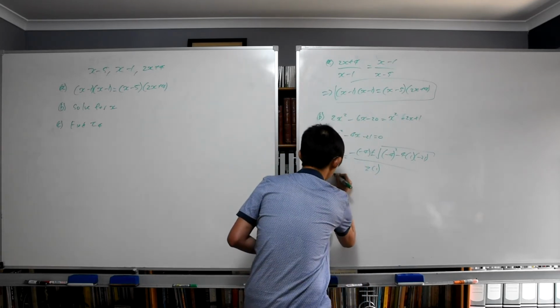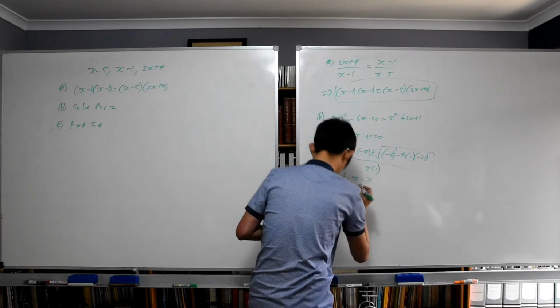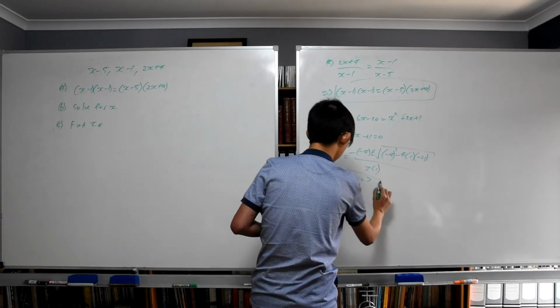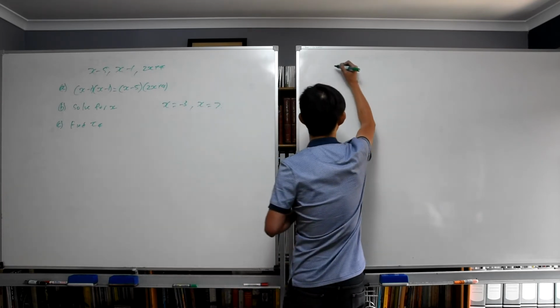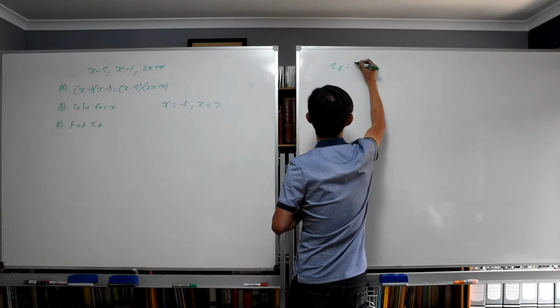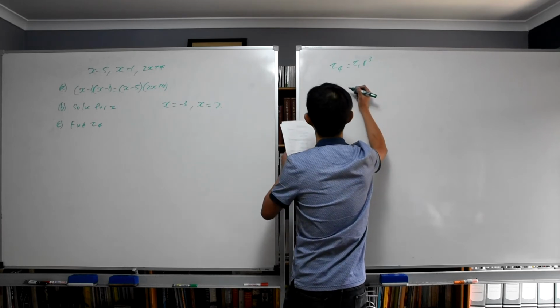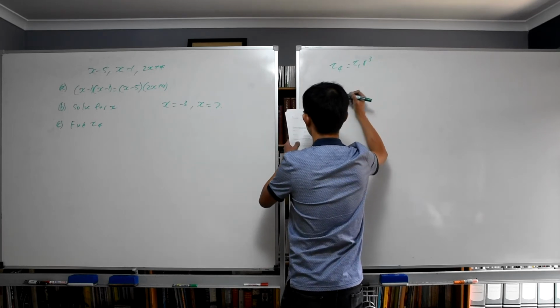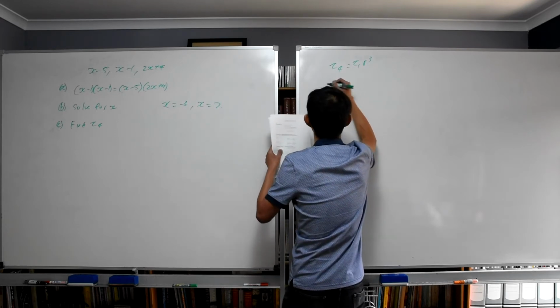We're going to get x is equal to minus 3 or x is equal to 7. The fourth term is always given by t4 is equal to t1 r cubed. We got x equal to minus 3 or x equal to 7.